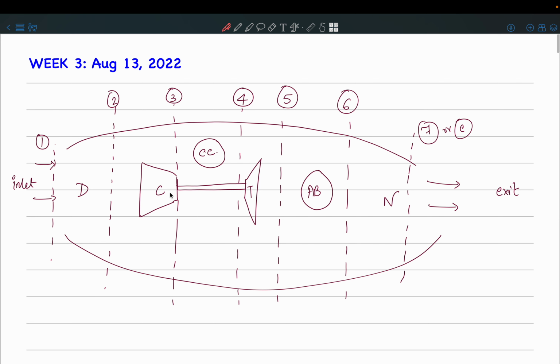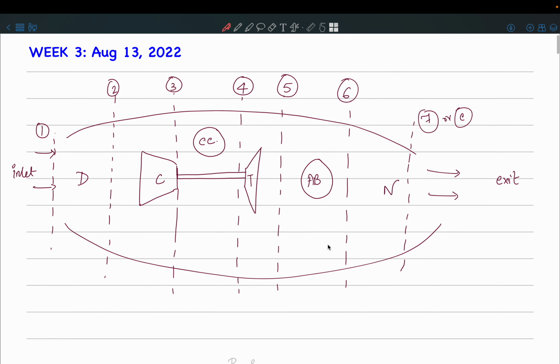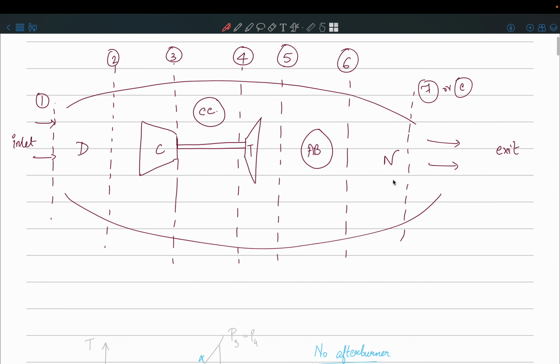The compressor is attached to the turbine through a shaft, and between the compressor and the turbine you have this combustion chamber. Okay, so the station numbers are clear, I hope. After the turbine we have an afterburner, so sometimes the afterburner is used, sometimes it is not used. Okay, and then finally you have the nozzle and then the exit.